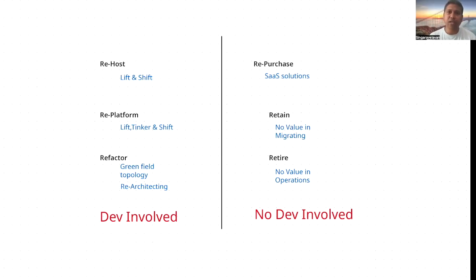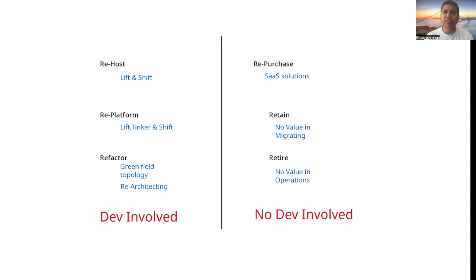Now let's look at the 3 other strategies where some sort of development activity, or your development team, might be involved. The easiest one will be rehosting, where your developers are just going to take the deployable jar, war, or any other artifact and move it to the cloud provider, which can be AWS or Microsoft Azure or GCP.